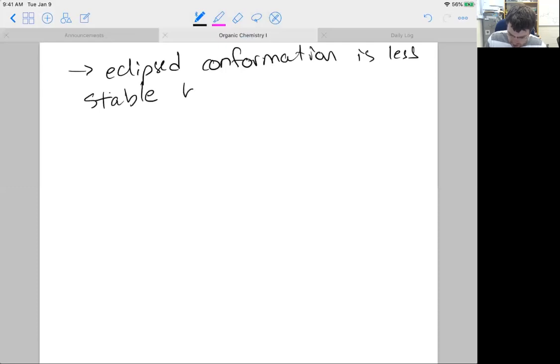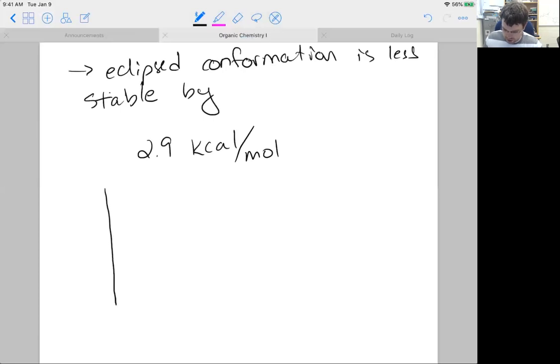And it's less stable by 2.9 kilocalories, or kcals, for every mole of eclipsed conformations that we generate from a staggered conformation. So if we graph this, what I'm going to do is use this vague x-axis called rotation progress.